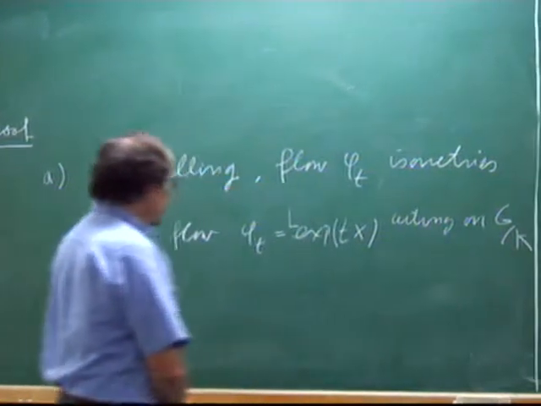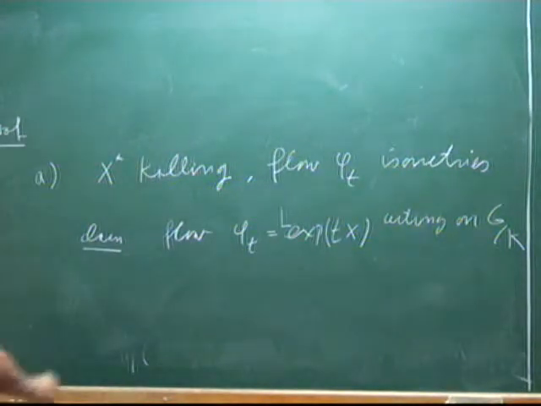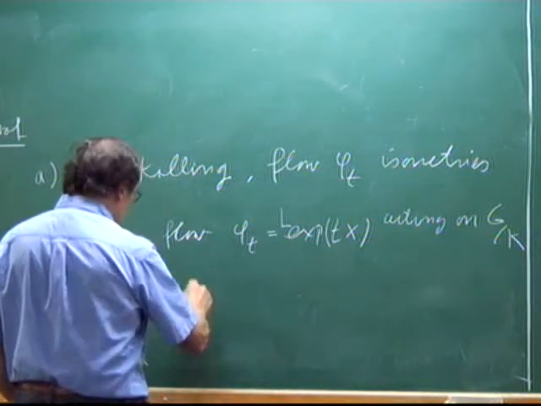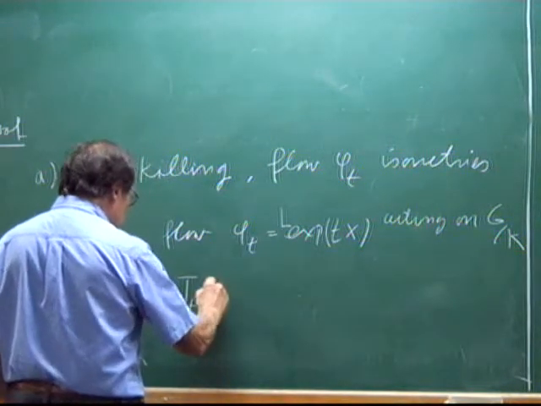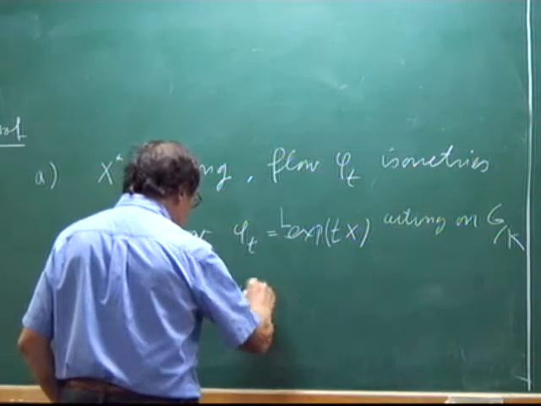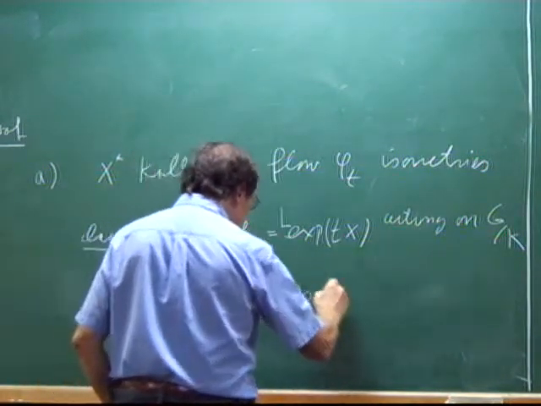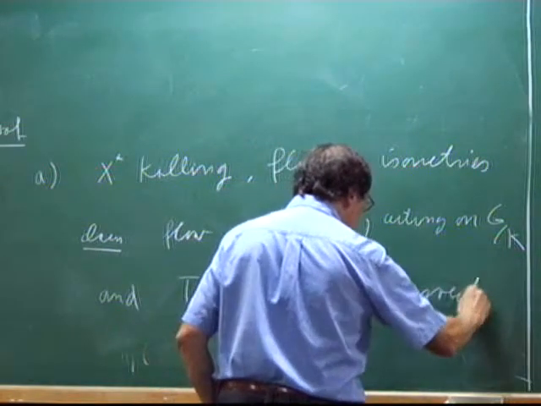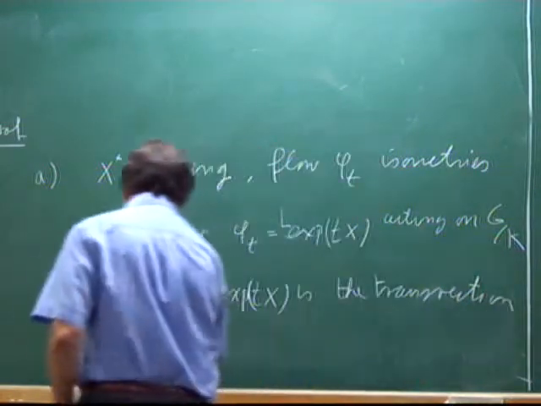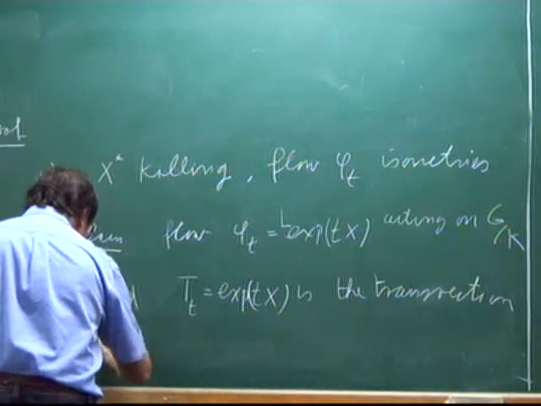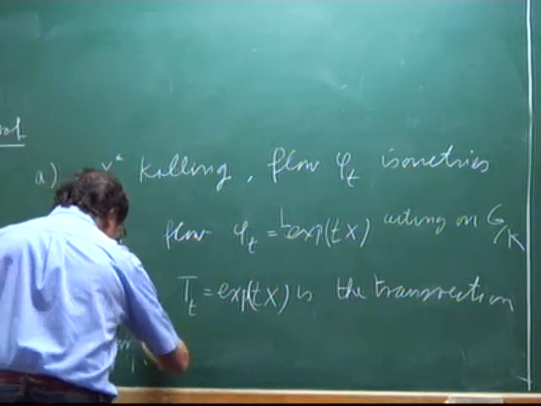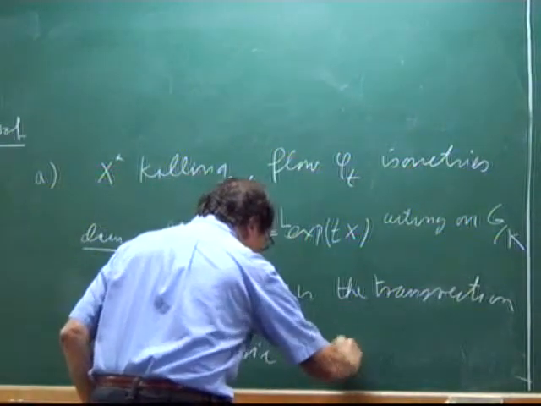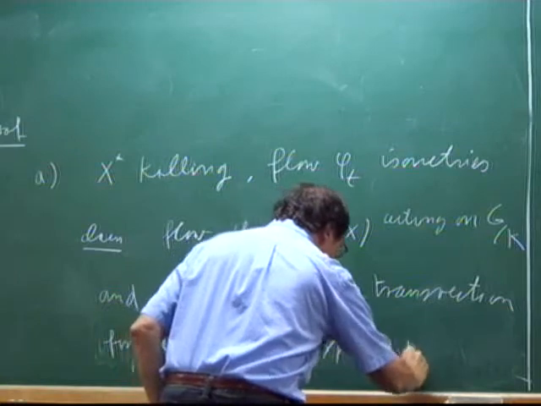So I claim that's the flow, and that's precisely the transvection in the direction of, or for, the geodesic exp tX times p naught.